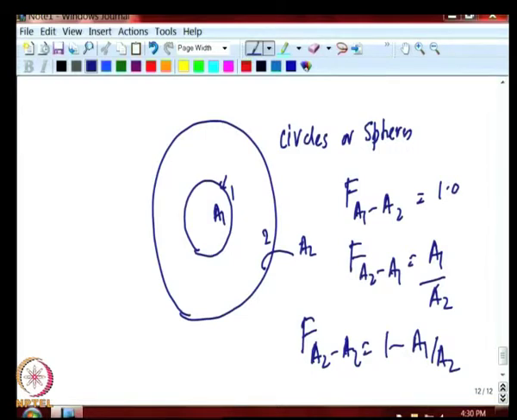So, these kinds of simple calculations involving reciprocity and common sense, we call configuration factor algebra.